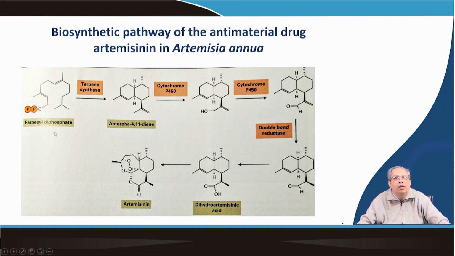As you see, farnesyl diphosphate, the FPP, and the first enzyme is basically the terpene synthase. It is also called amorphadiene synthase, and that leads to the formation of amorpha-4,11-diene, and then by several cytochrome P450 enzymes, the structure undergoes different transformations and eventually a double bond reductase, and it forms dihydroartemisinic acid.